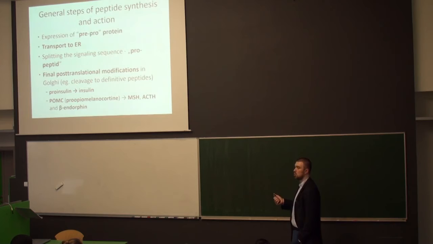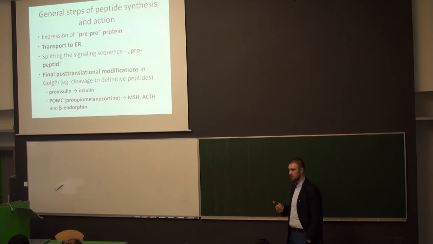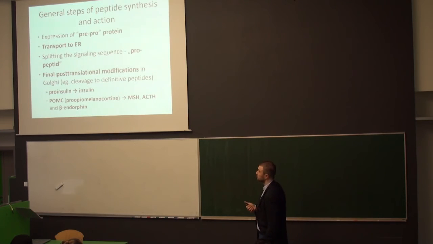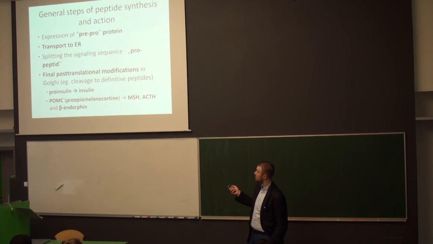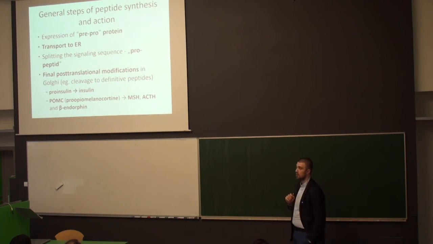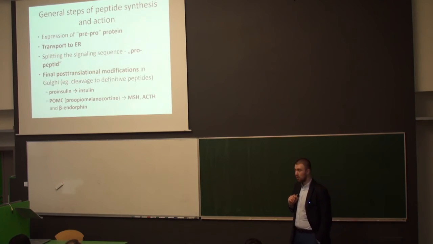Then you must go to ribosomes and you must do the translation process. And what you will produce is the molecule of the pre-pro protein. If we use the term hormone, we can call it pre-pro hormone. And if we take the insulin molecule, we can say pre-pro insulin.